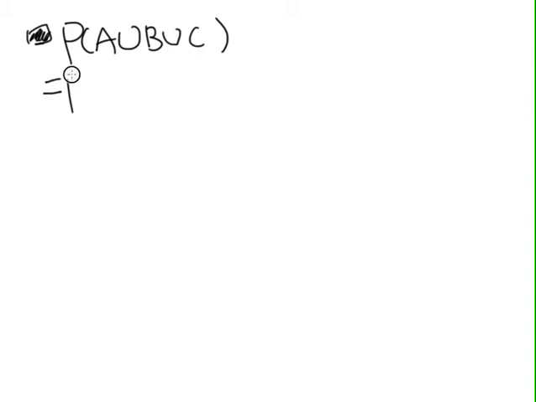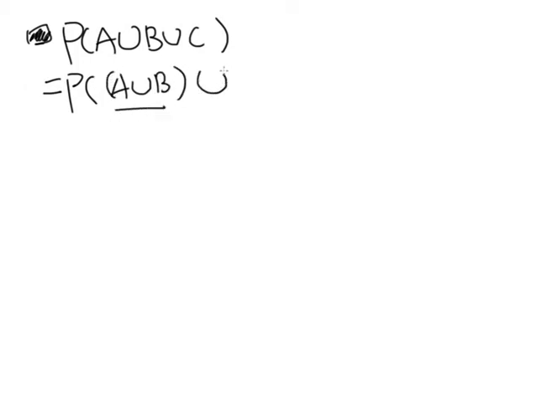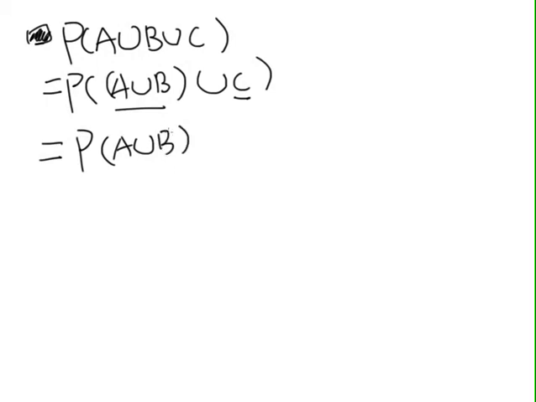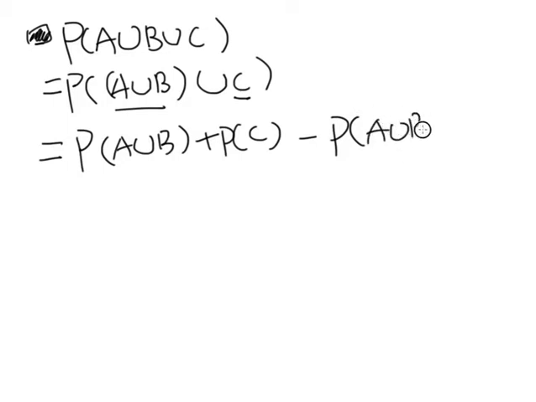So we view this as a union of two sets. One set is A union B, and then another set is C. Then we can use the identity we have already proven, which is probability of A union B plus probability of C minus probability of A union B intersection C.